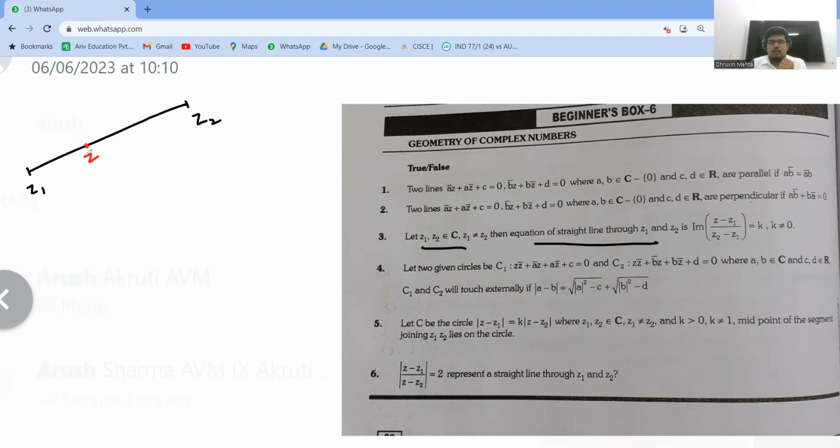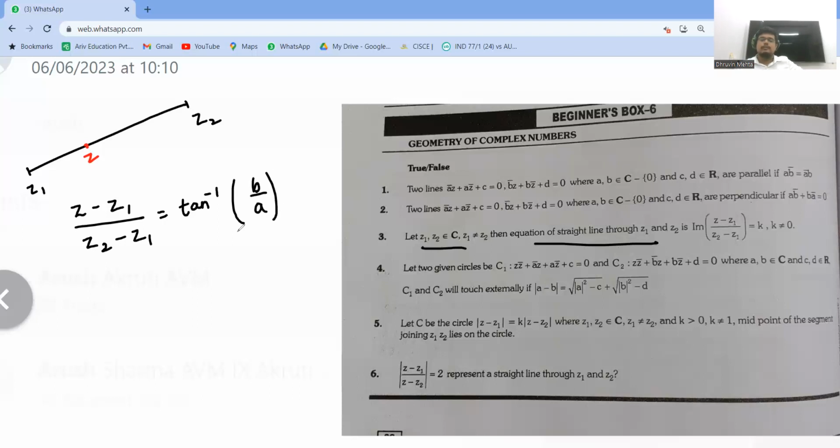So how do we find the angle between complex numbers? If I ask you to find the angle of Z minus Z1 upon Z2 minus Z1, because they have given this, for the angle we will use tan inverse of b by a, if you remember our formula. What is b and what is a? b is the imaginary part of that complex number z, and a is the real part.